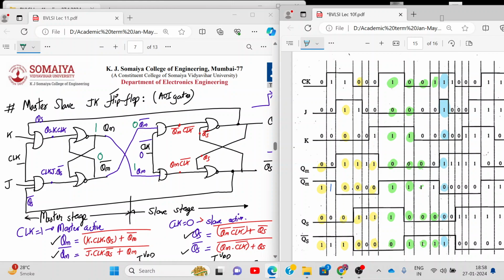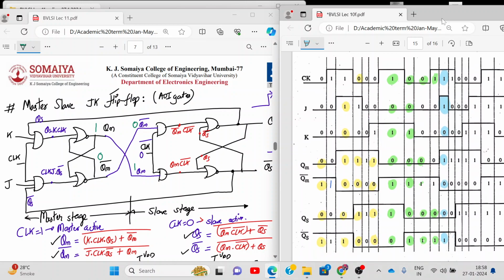Yes, sir. हाँ. Now again clock is 1 and your JK is 0 0, so it will hold the state 1 0, but slave तो on नहीं हुआ, so it will also be 1 0 now. Now the clock has become 0, so what will happen? Slave will be active, master will be off. So J and K is 0 0, it will hold the state 1 0, right? Yes. Now tell me ये 1 0 क्यों हुआ?